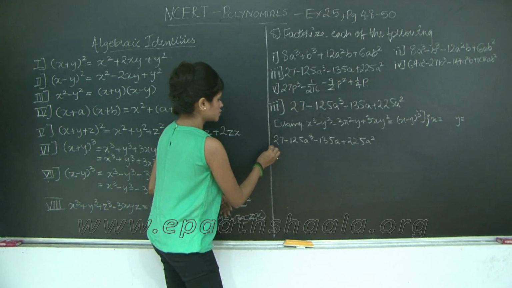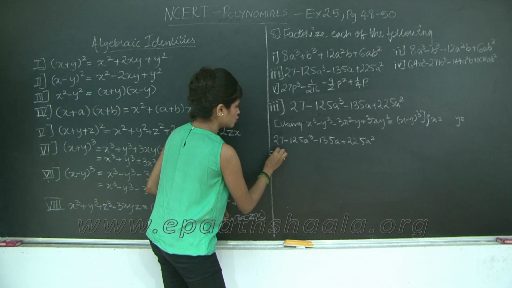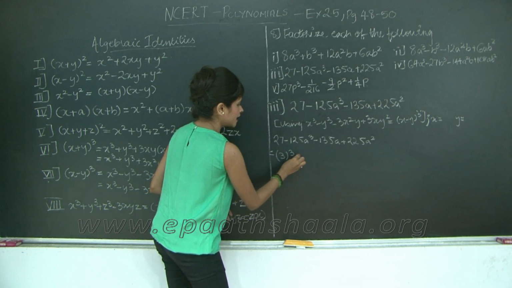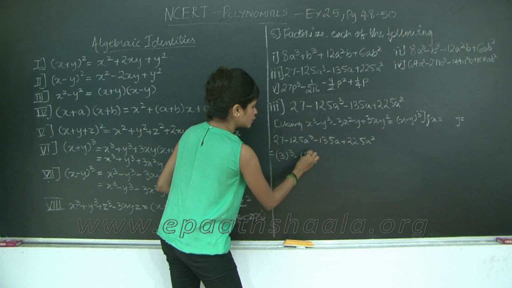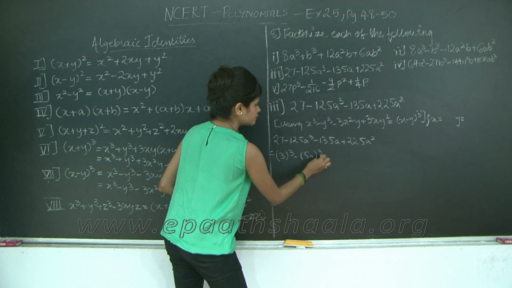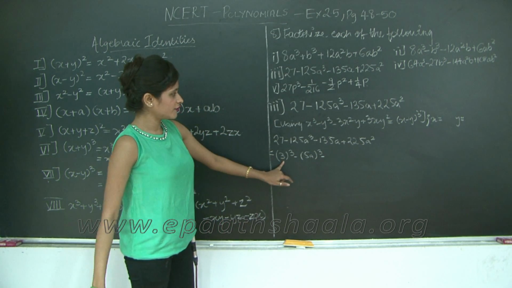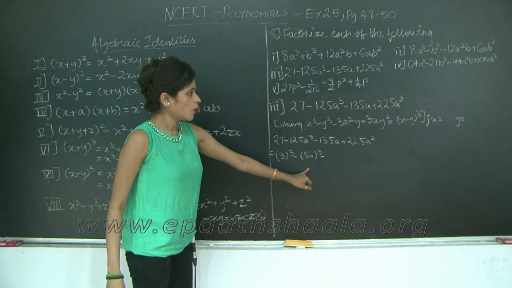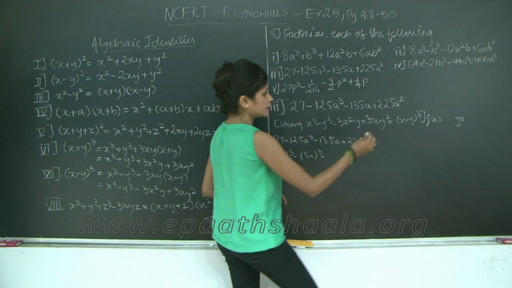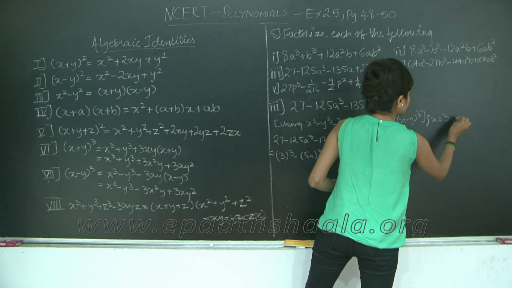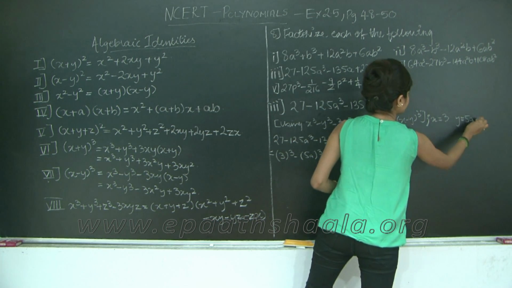So this can be written as 3 cube minus 5a the whole cube. Okay, so we've got our x as 3 and y as 5a. So let me just rewrite this, 3 and 5a.